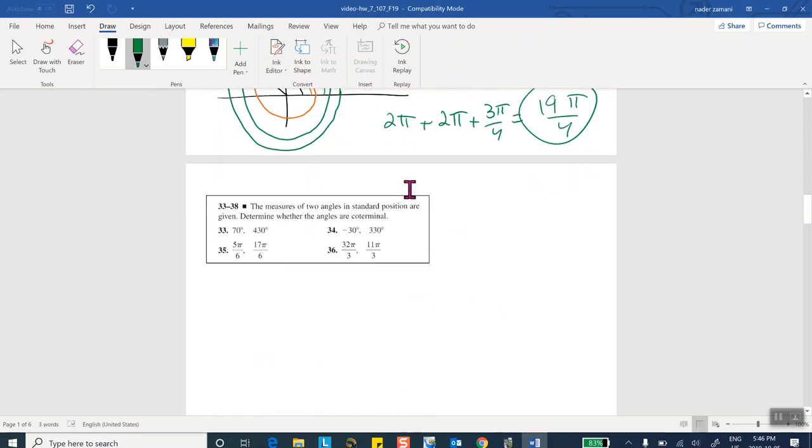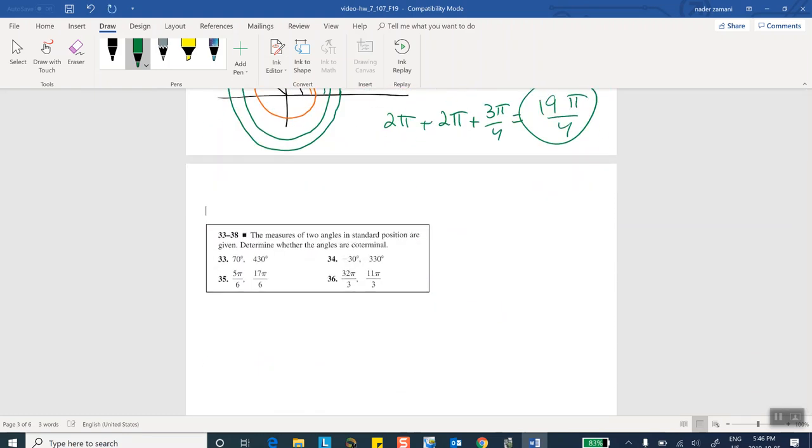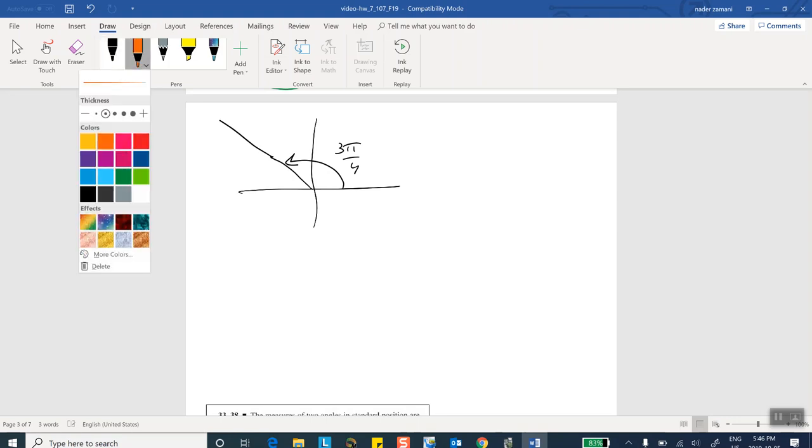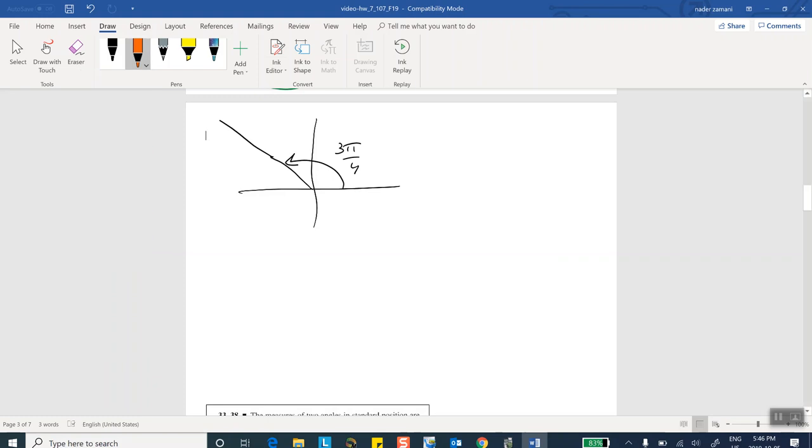Now let's do the negative ones. Let me see now. This is what we had. 3 pi over 4 was this angle. Let me make this thing longer here. Okay, so for the negative one, I go clockwise till I reach there.